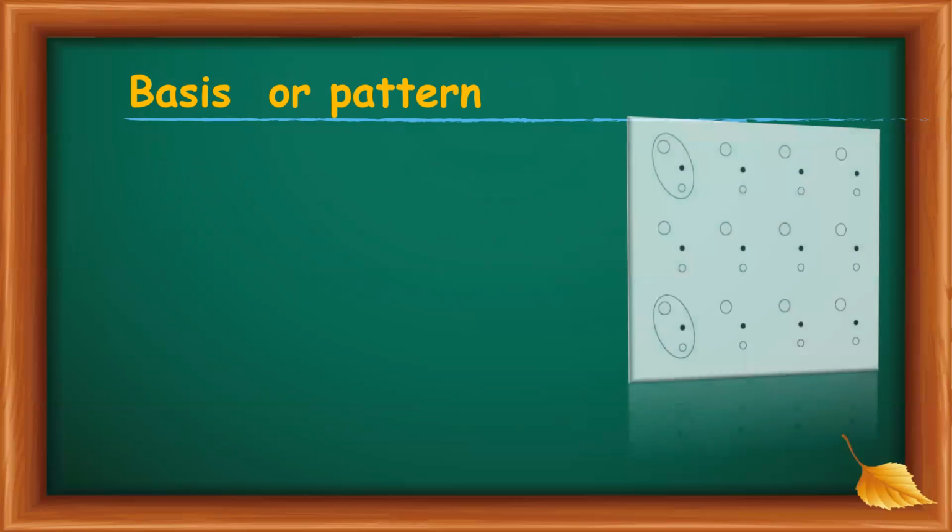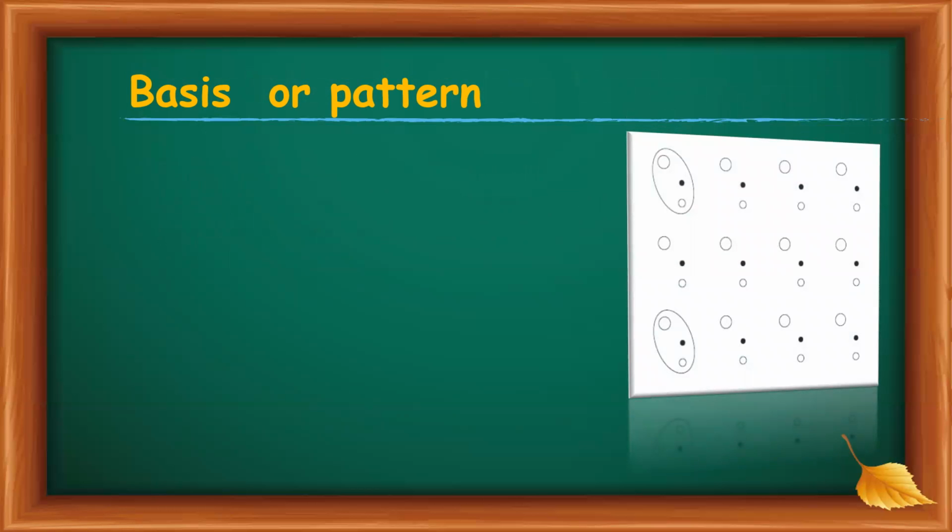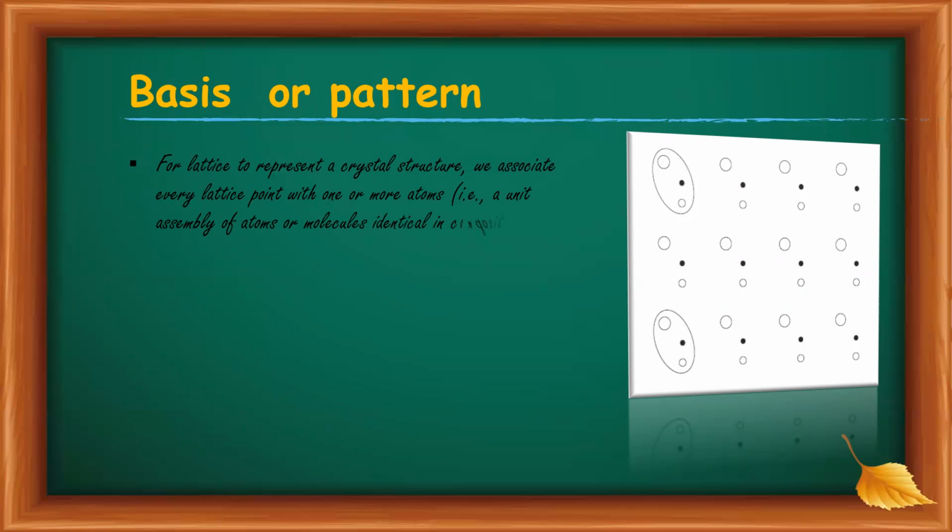Basis or pattern. For a lattice to represent a crystal structure, we associate every lattice point with one or more atoms. That is, a unit assembly of atoms or molecules identical in composition, called the basis or pattern.